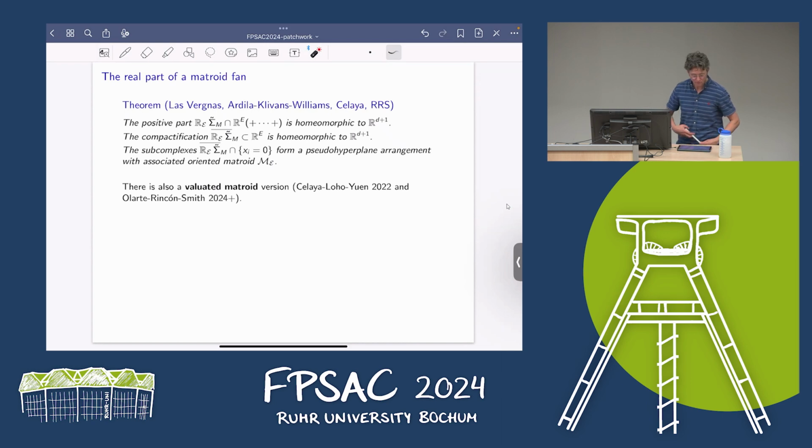If we look at the positive part, I should be careful, it is either empty, as in our last example, or homeomorphic to just R^{d+1}, where d+1 was the rank of this matroid, the dimension of this fan. We could also take the compactification by adding back what would look like the zeros if we were thinking about (R star)^n, and the compactification is still R^{d+1}.